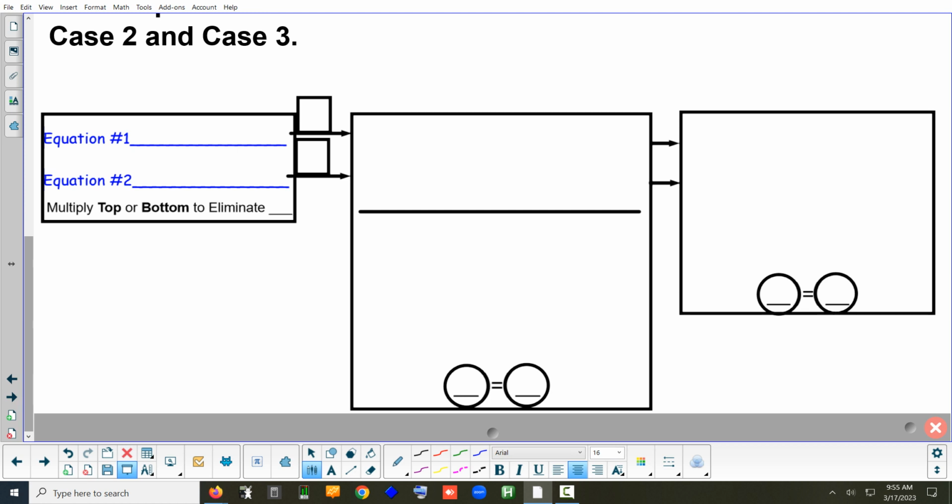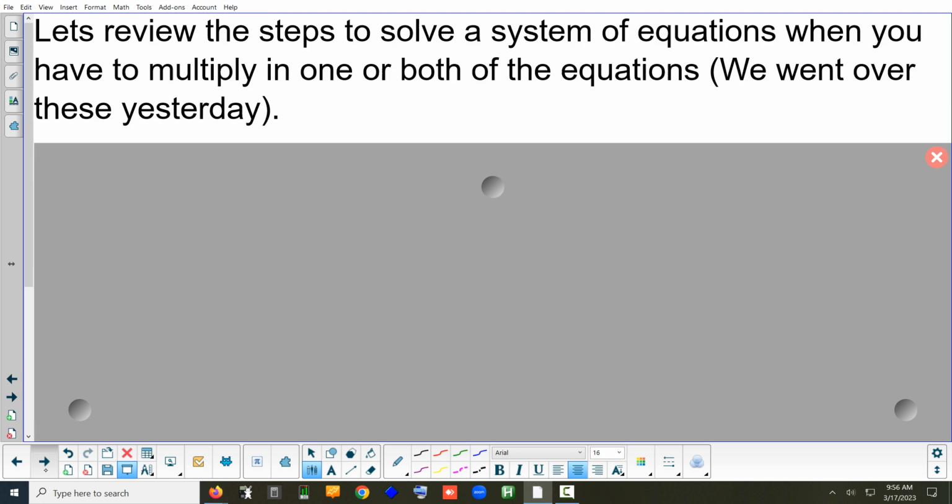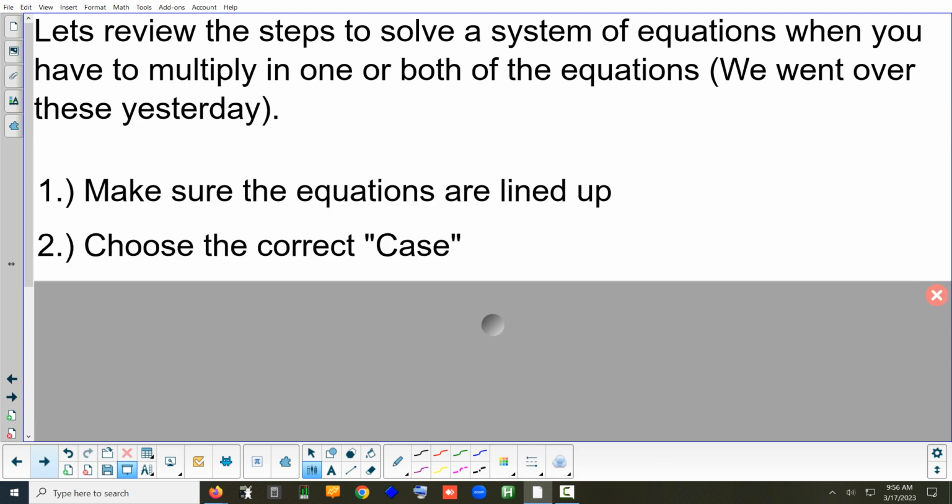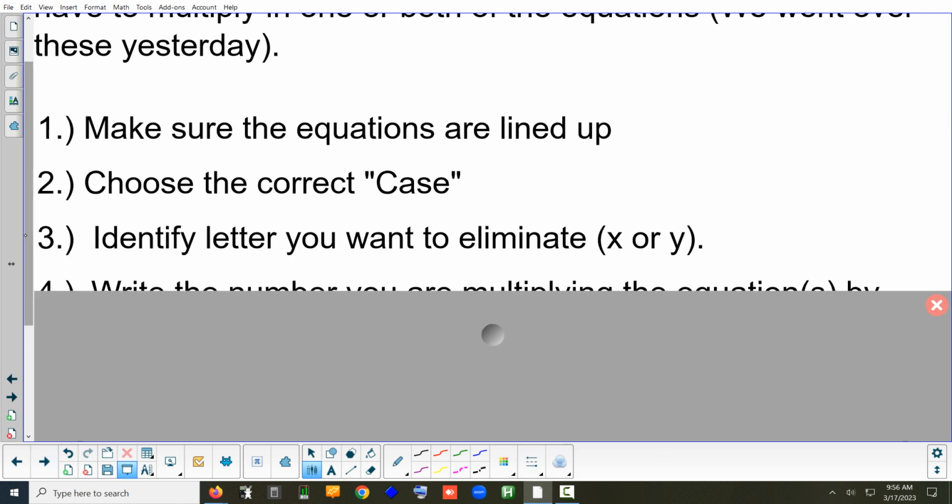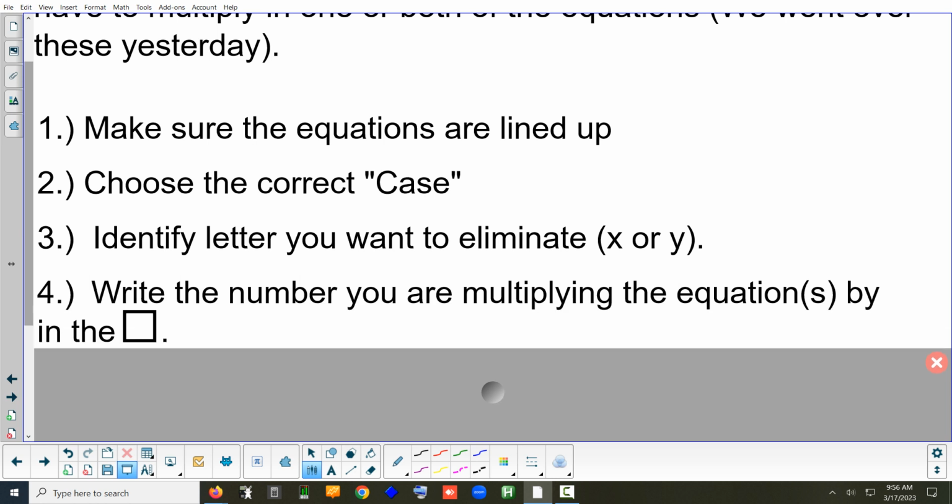Okay, just a couple reminders though. When you write equations on those blue lines, they have to be lined up. X's, Y's, and then the numbers. So before you put anything there, make sure they are lined up. Okay, I don't think there's anything you have to write down here, but these are the steps that we're going to follow as we solve the next problem.